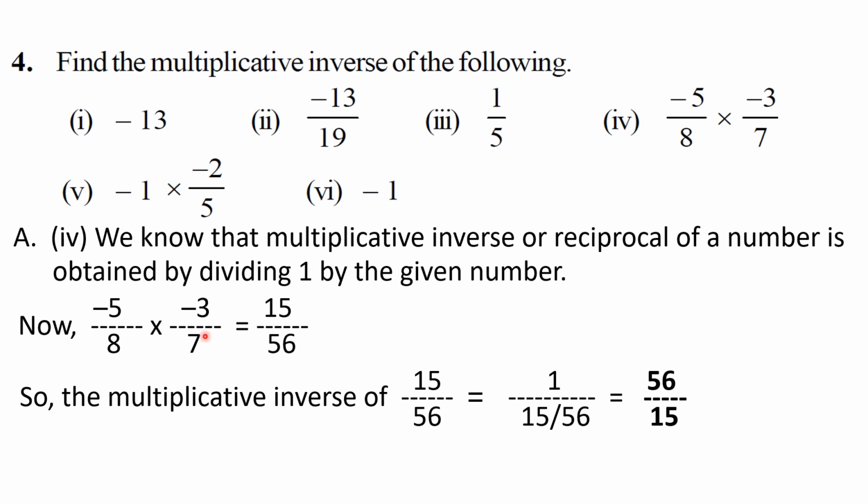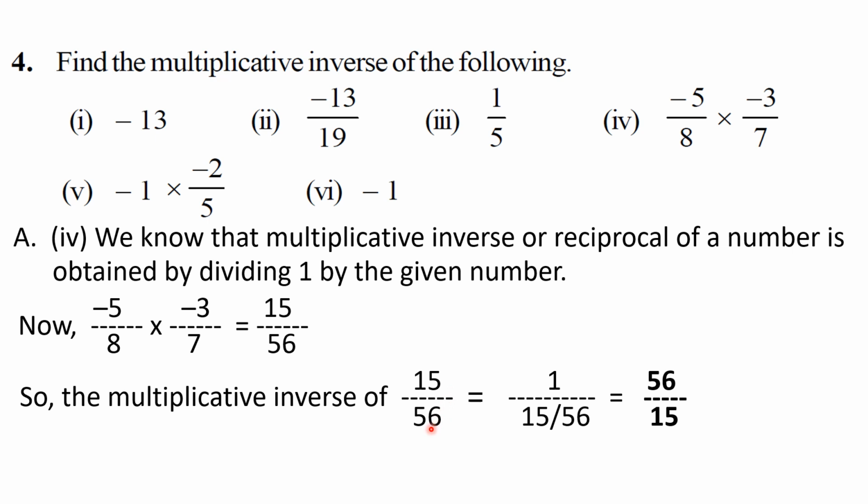Well, the product of these two rational numbers, not fractions, because fractions are not negative. So the multiplicative inverse will be 1 upon 15 upon 56. 56 goes up, 15 remains down, so 56 upon 15 is the multiplicative inverse of 15 upon 56.